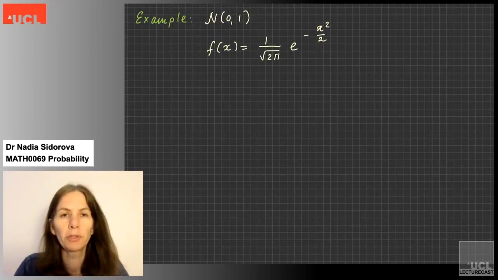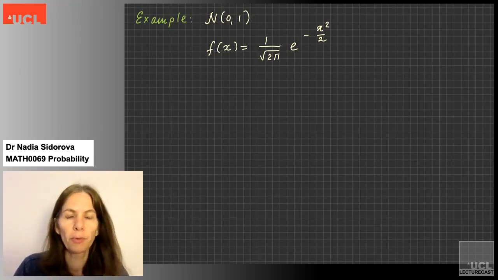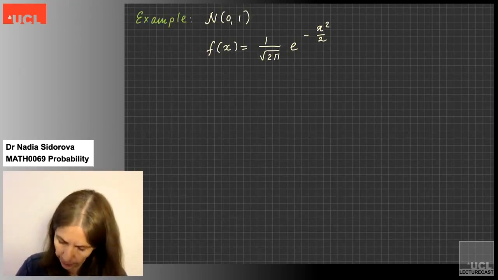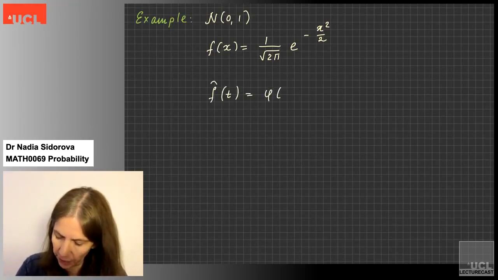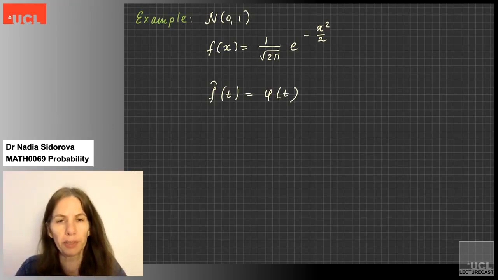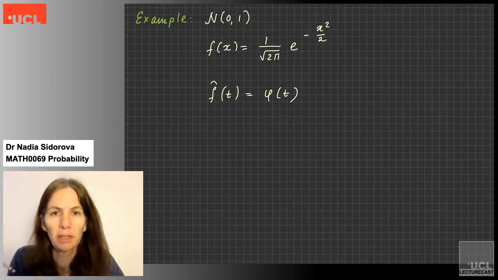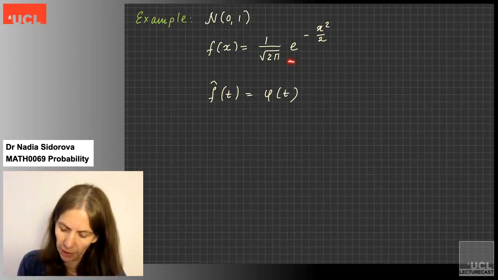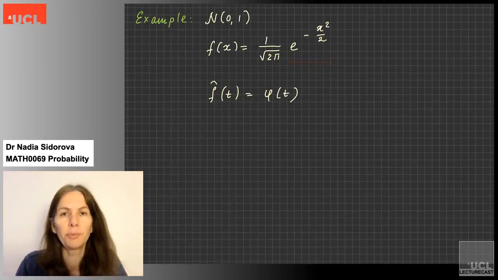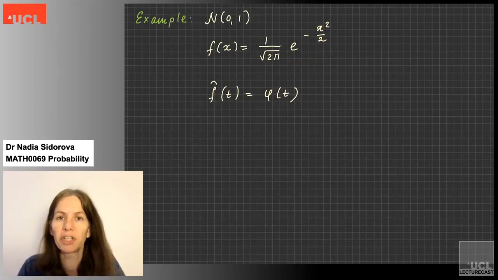So I want to look at the Fourier transform of f, which is the same, of course, as the characteristic function of the normal distribution. And I want to know how fast it decays at the ends. So look at this function here. Clearly, it's smooth. We can differentiate it any number of times.